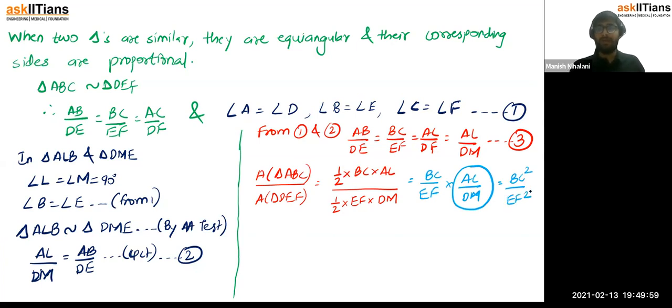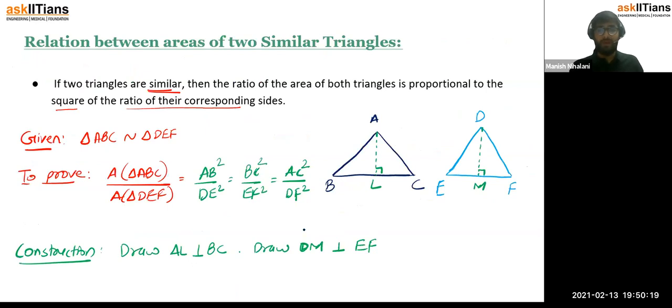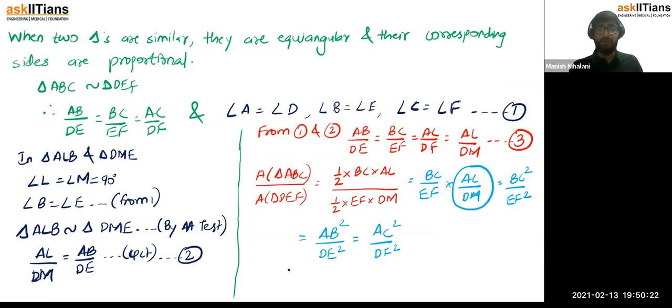We also can say that if this is equal to BC square by EF square, then it is also equal to AB square by DE square and is also equal to AC square by DF square, right? This is what was required to be proved, and we have similarly proved that the ratio of areas of two triangles is equal to the ratio of squares of their sides, right?